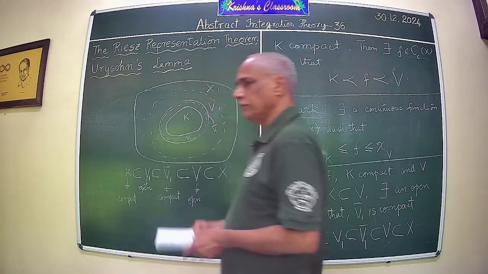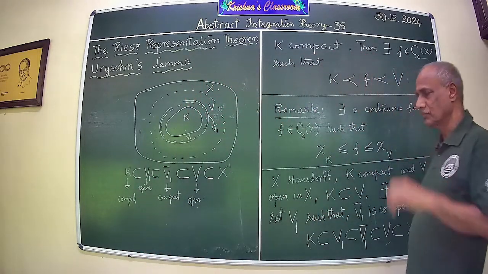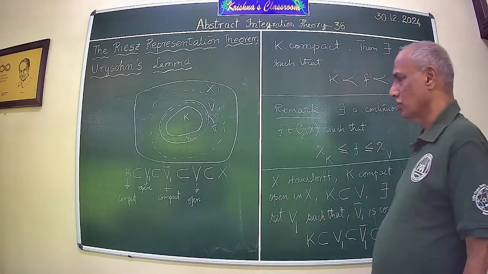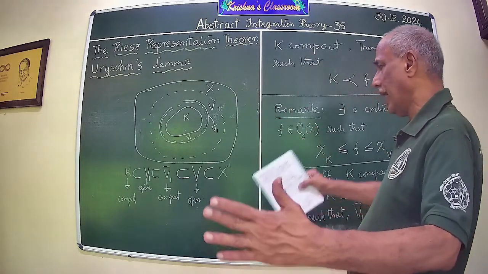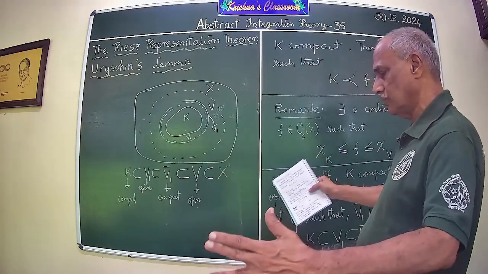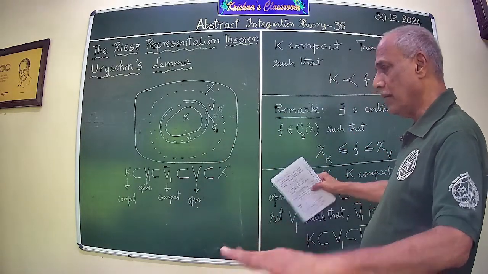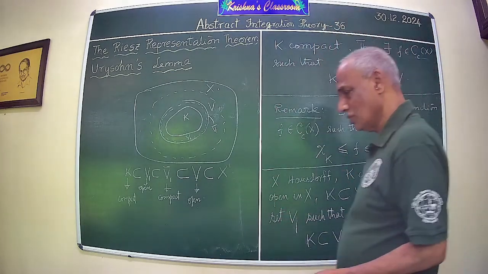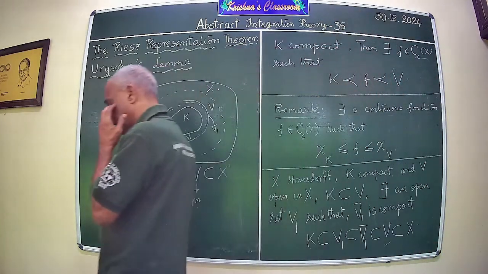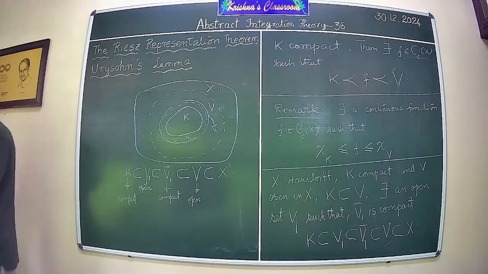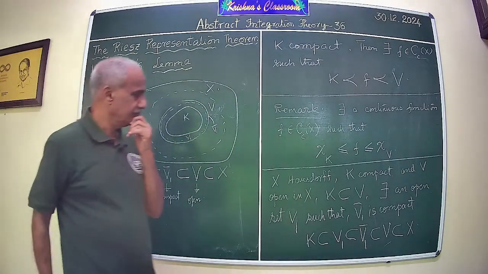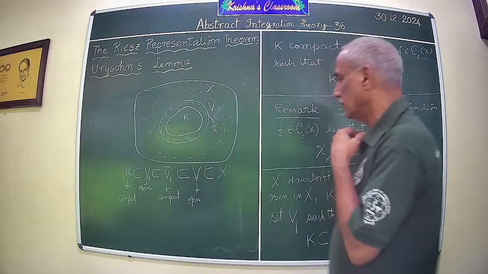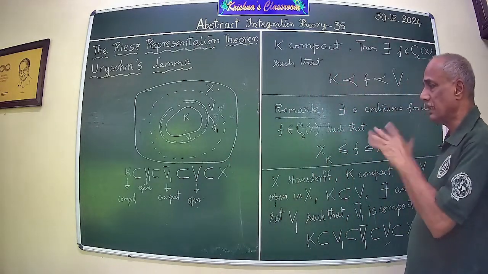This we have already proved. So given K and the open set V, in between you can bring in an open set whose closure is compact and such that it is contained inside V.